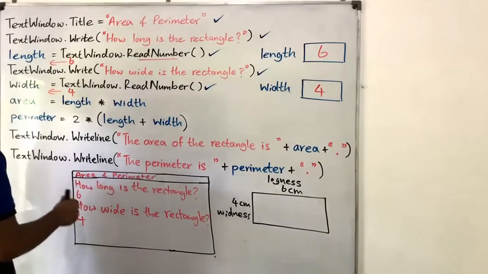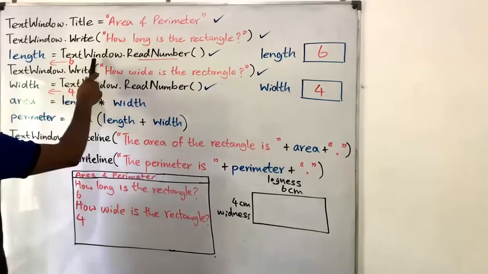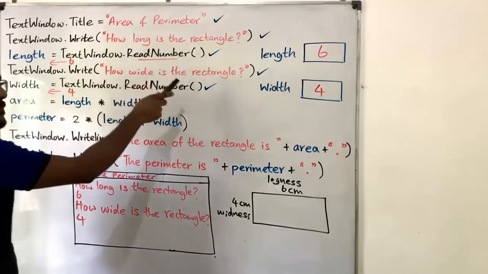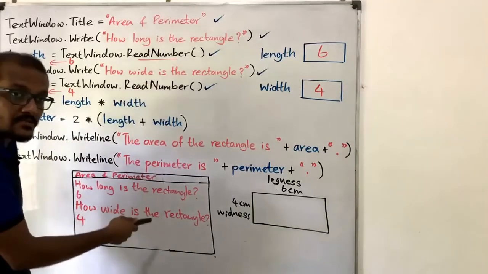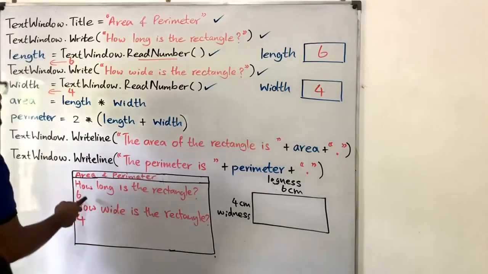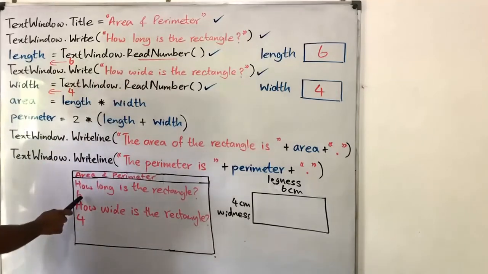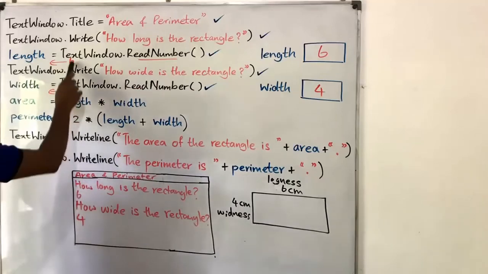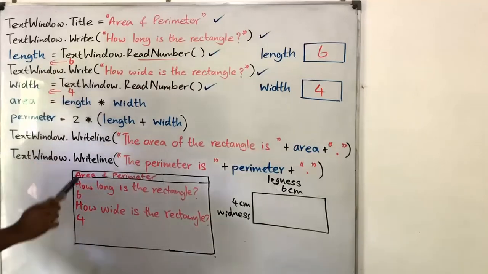After that, the program again gives an order to the text window: text window, read the number. Read the number from where? From the text window. So he will read the number value 6. And by using this equal sign, what does it mean?